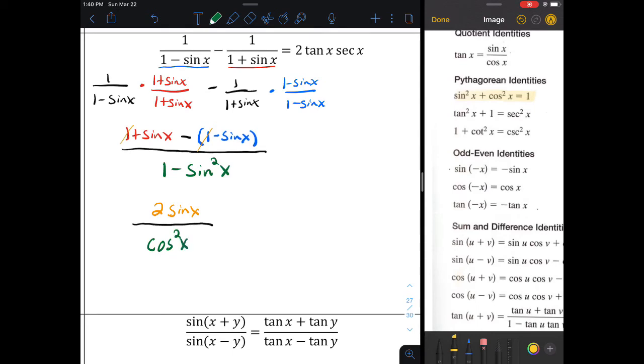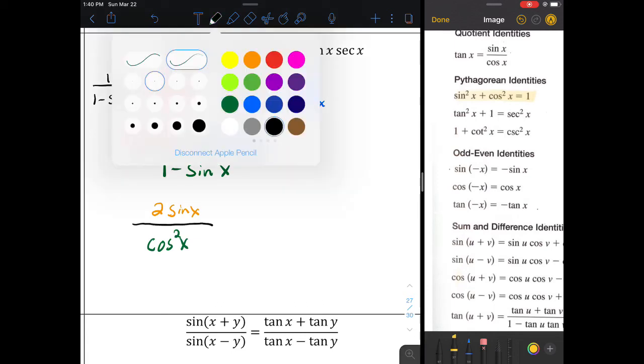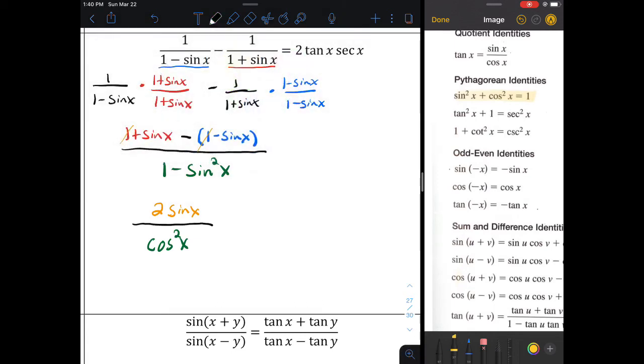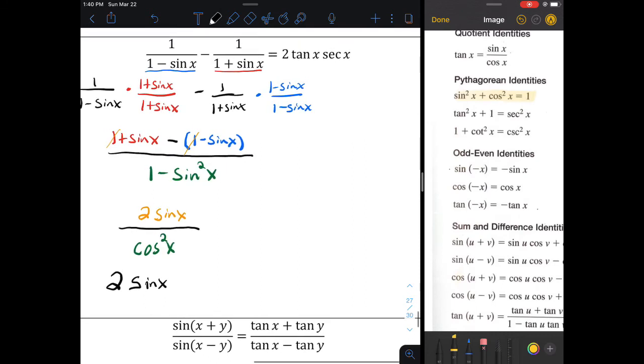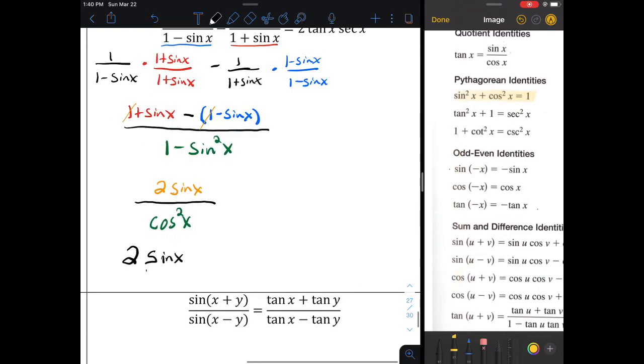And we can create 2 secant x tangent x by rewriting our fraction showing a product of 2 tangent, which is sine of x divided by cosine x.